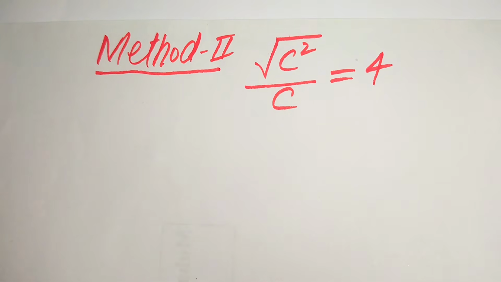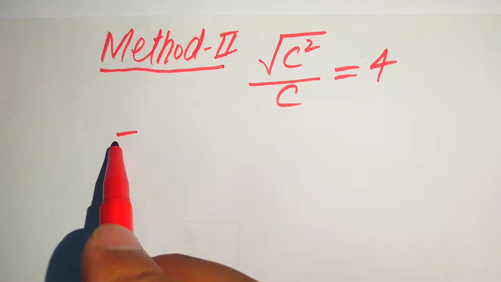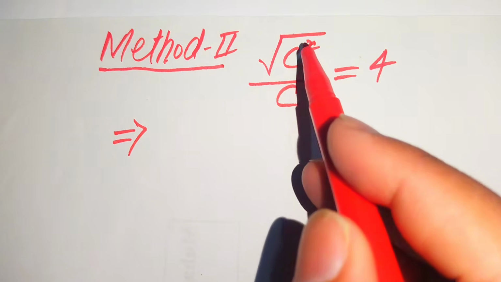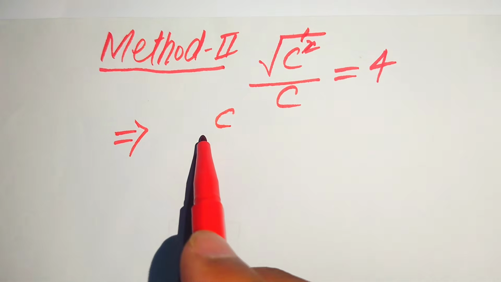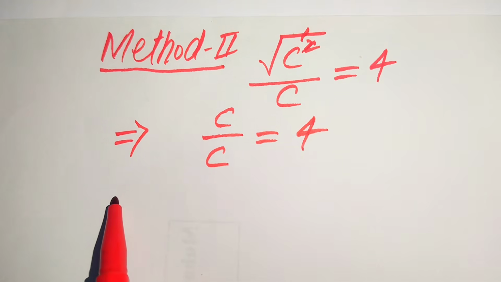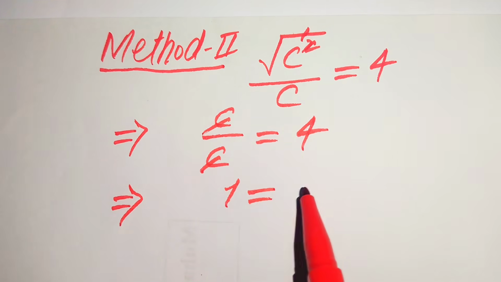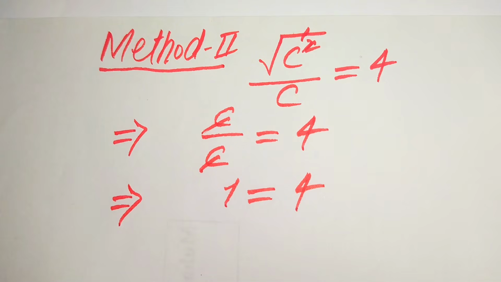Here our second method is a very straightforward, quick method. Here we quickly determine the solution set of this problem. So we have this 2 and this square root gone, and we get c divided by c is equal to 4. And here you clearly see that this c and this c are gone, and we get 1 is equal to 4.